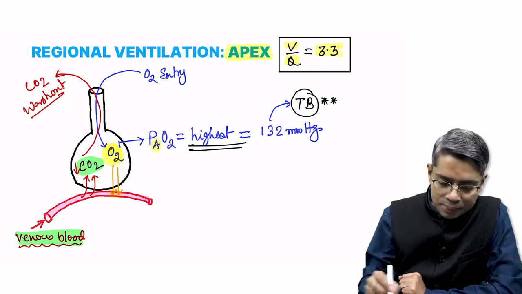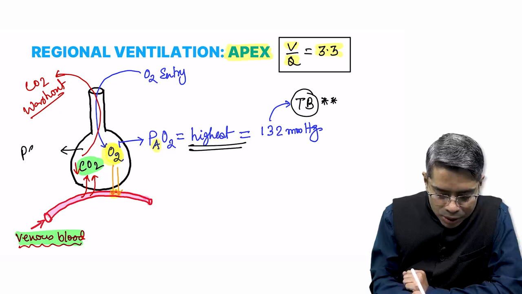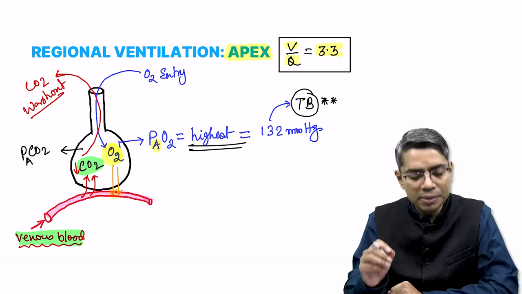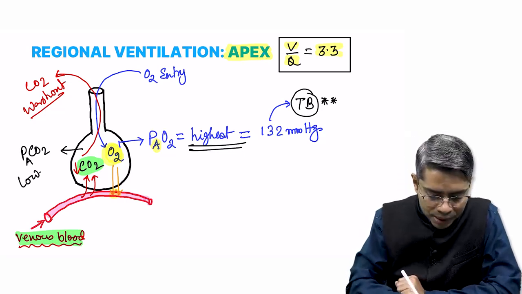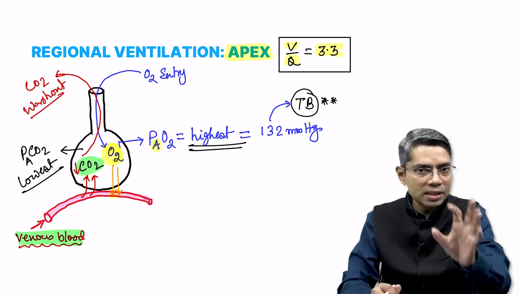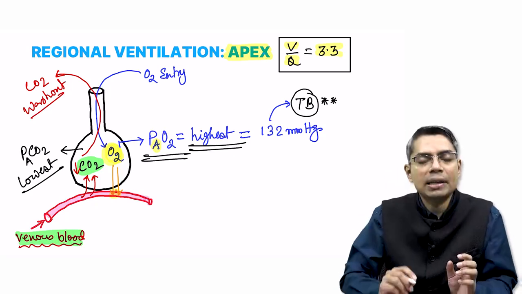Because of these two reasons, the partial pressure of carbon dioxide at the level of apical alveoli will be very low, and not only lower, it will be lowest. So the partial pressure of carbon dioxide is lowest in the apical alveoli, and partial pressure of oxygen is the highest in the apical alveoli.